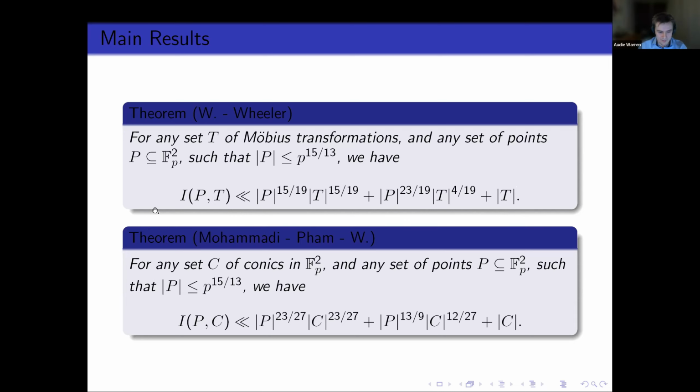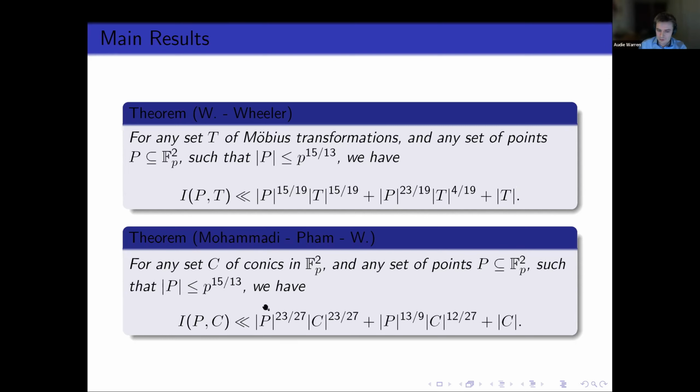Then we have a second theorem. This second theorem is joint work with Ali Mohammadi and Thang Pham. And this exchanges Möbius transformations for conics in general. So if we take any set C of conics in FP2 and any set of points P, again, we have the same restriction, our point set can't be too big.